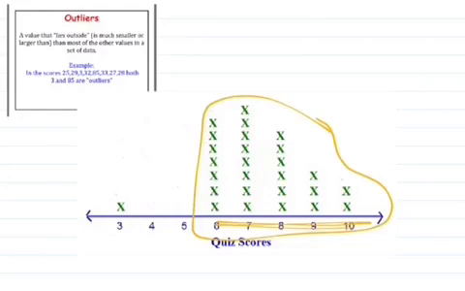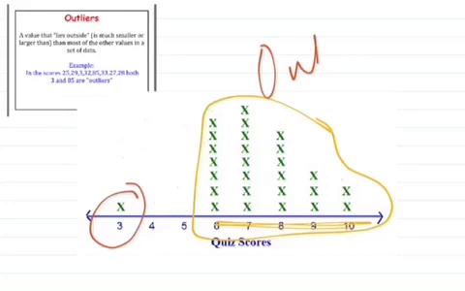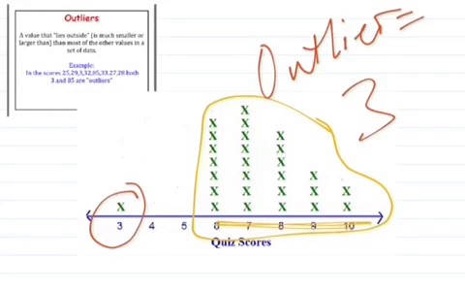So if you look over here at this 1, 3, this seems to be kind of on its own away from the cluster of information that you see with the green X's. So the outlier in this particular dot plot is going to be the 3 right over here.